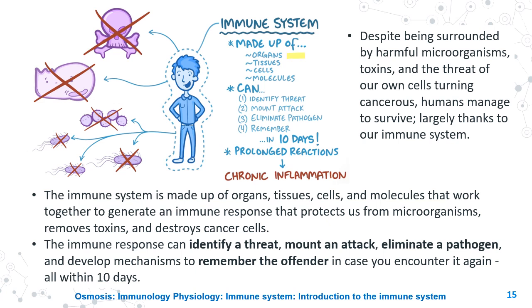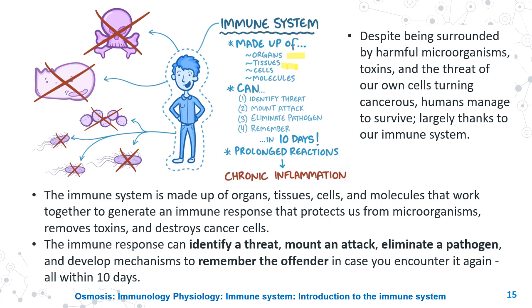You have organs of the immune system, that includes primary organs and secondary organs. You also have tissues, and you have the cells, and you have free-floating molecules. Those are proteins in the blood and in the lymph. So you have all these players that come together to keep you healthy.